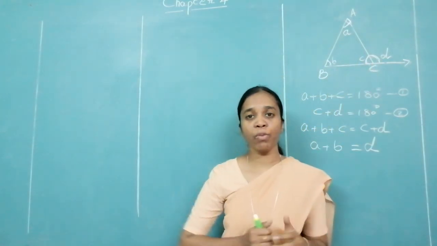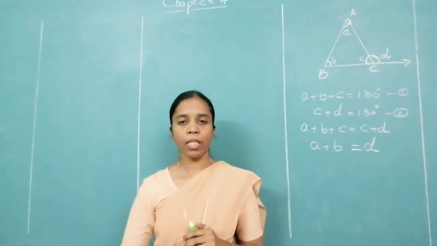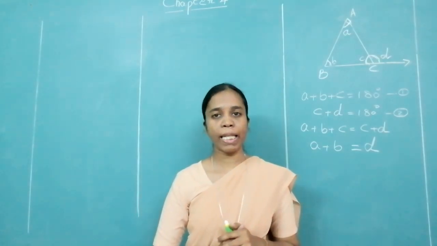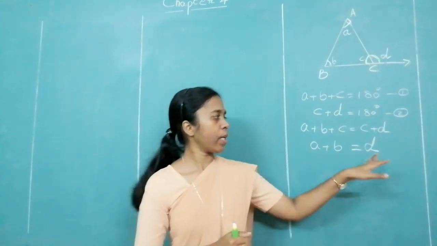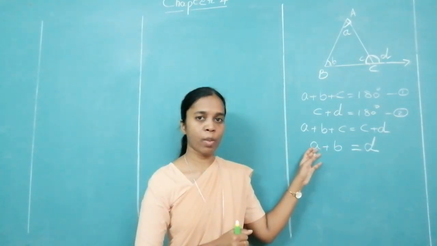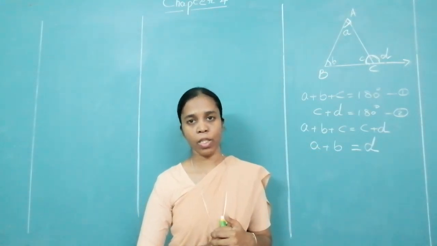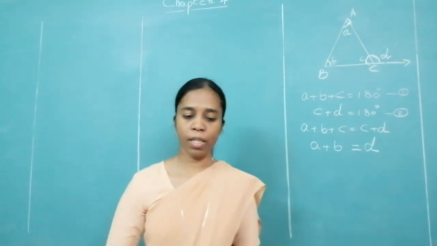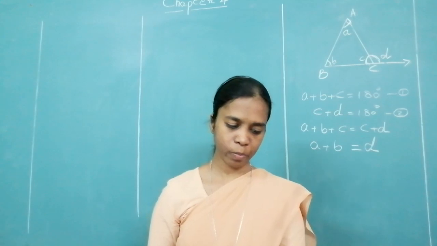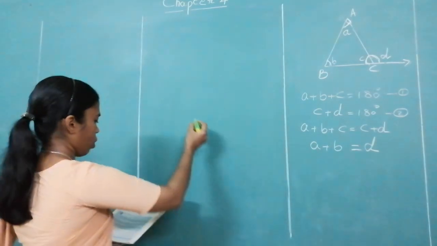So the next property of the exterior angle is that the exterior angle is equal to the sum of the remote interior angles. Based on this, you have practice set 21. Look at the diagram. You are given a triangle over there.